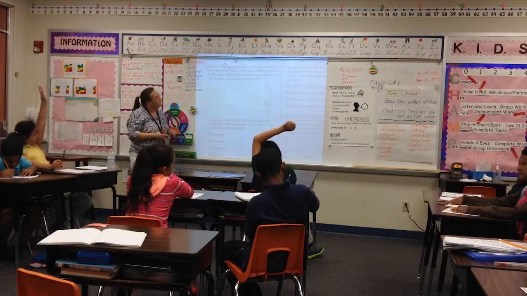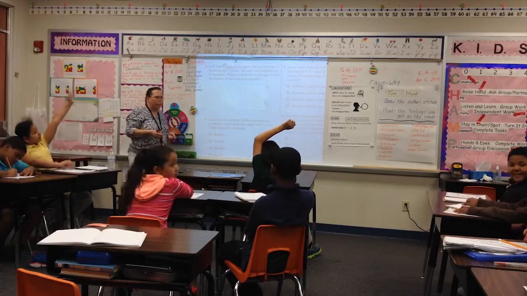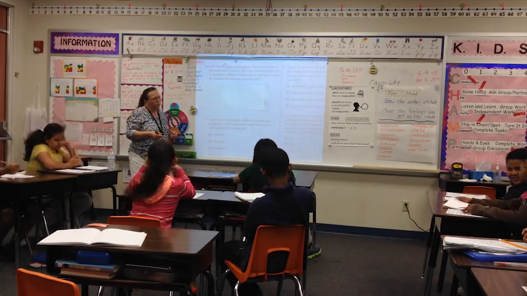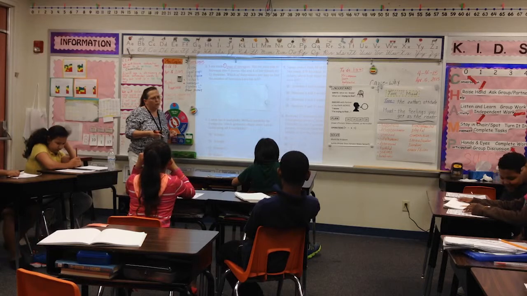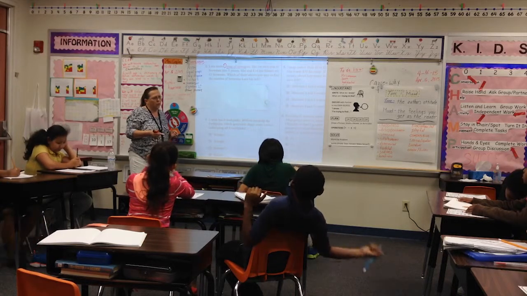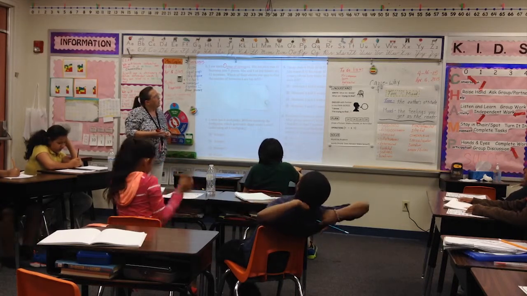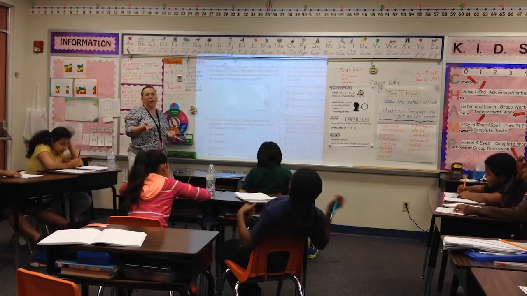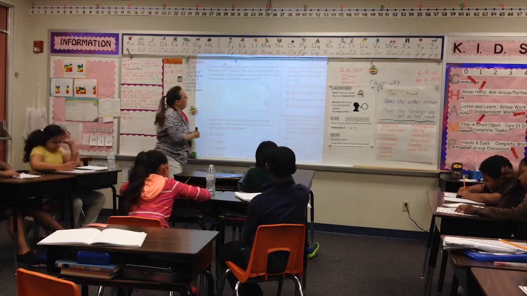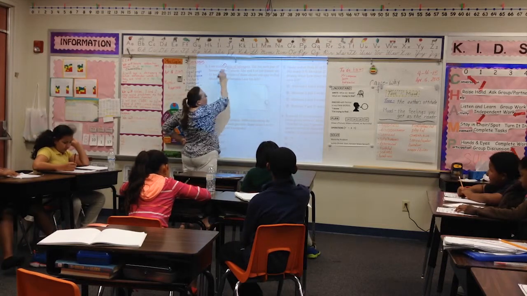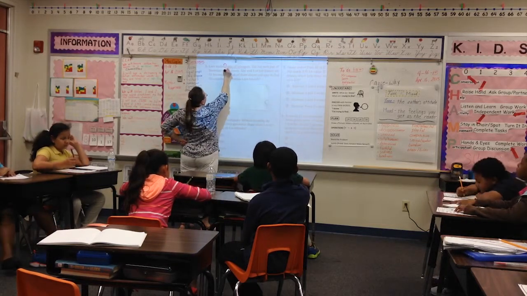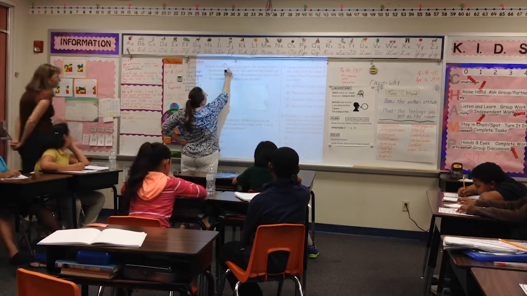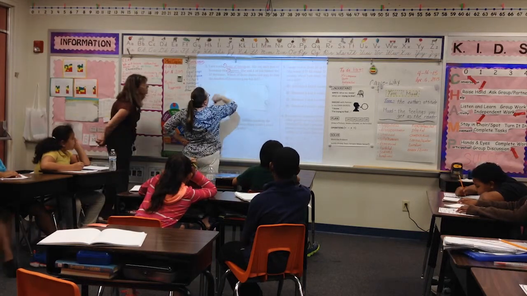What is something else that I know, Ignacio? Put each pan of brownies into 9 pieces. Okay, so each pan is 9 pieces. Okay, so hang on. Getting too far ahead of me. So, 9 pieces.